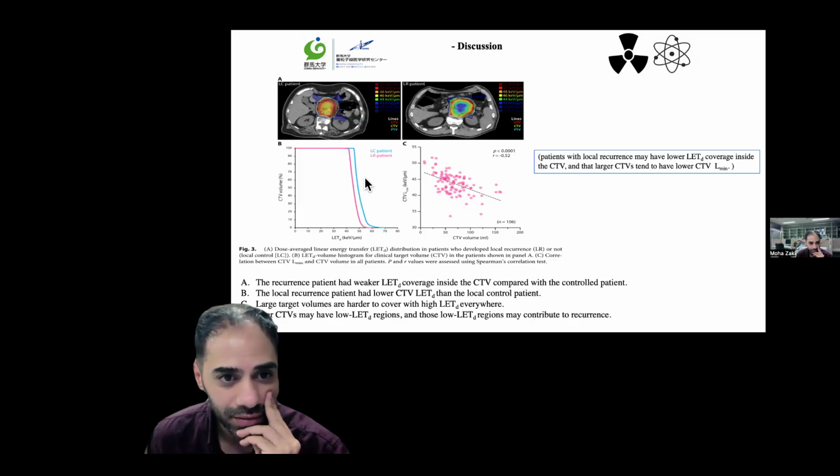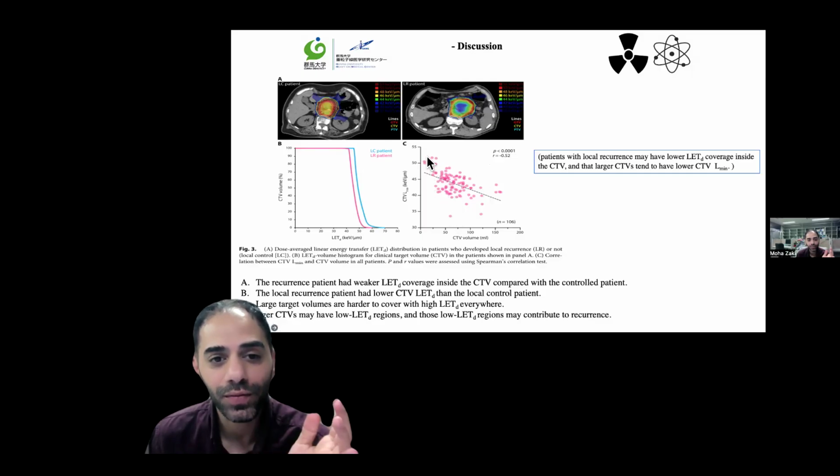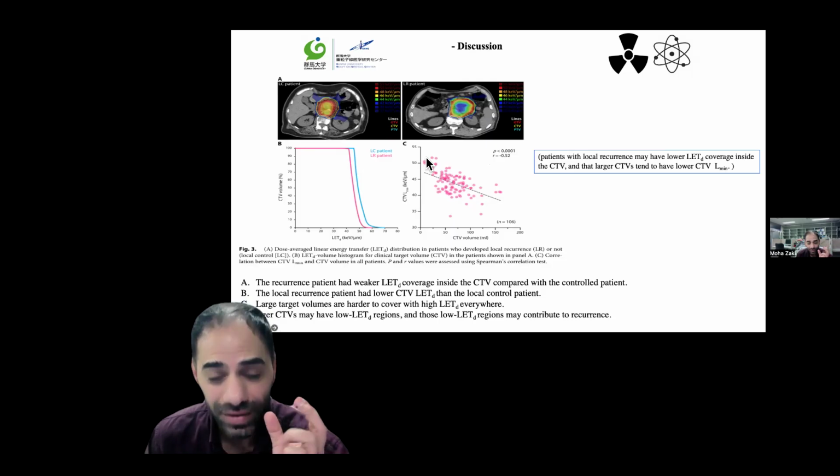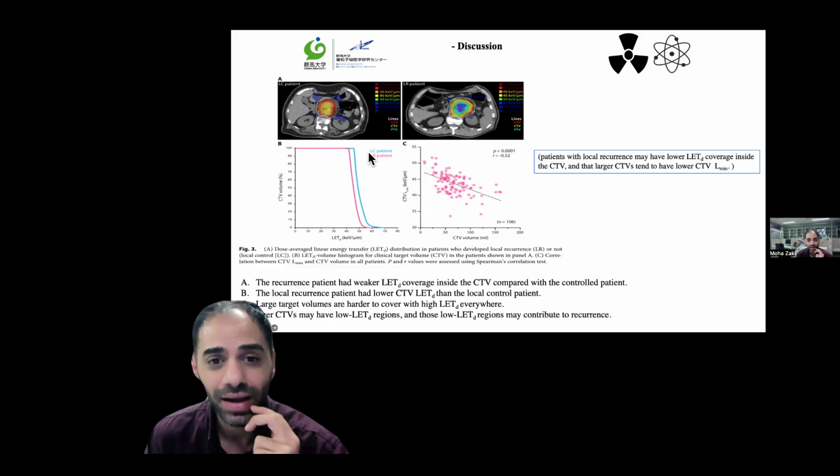For C, it shows that the more the volume increases, the lower the dose average LETs distributed. So the number of lower dose average LET is causing higher distribution with volume.